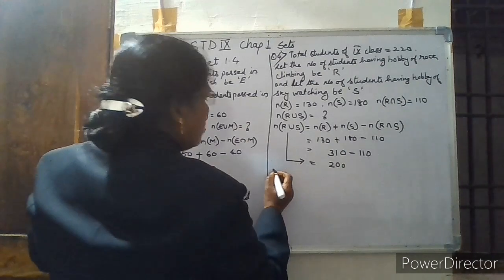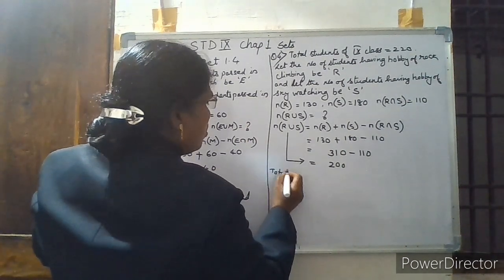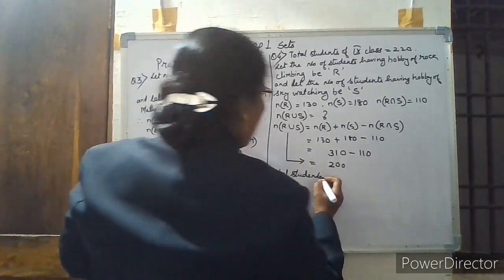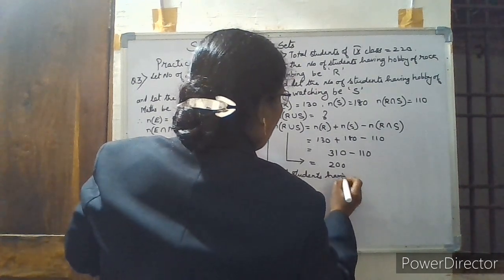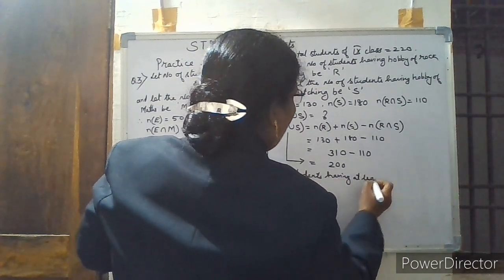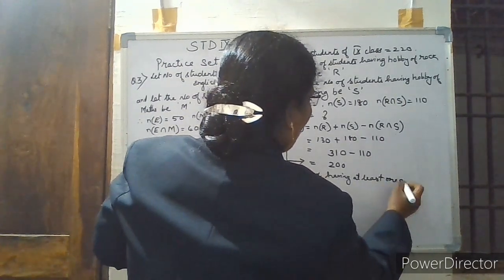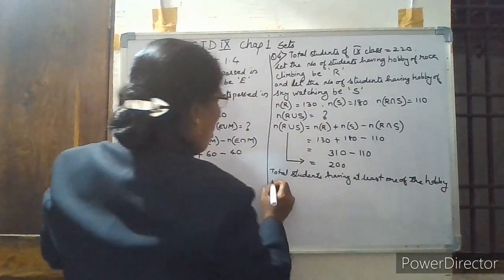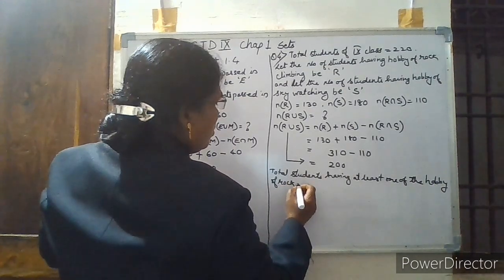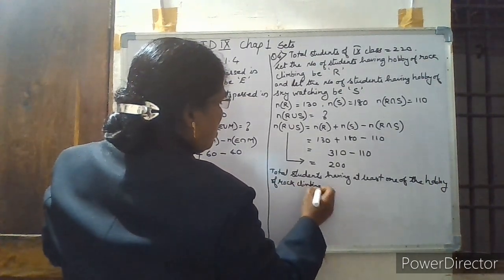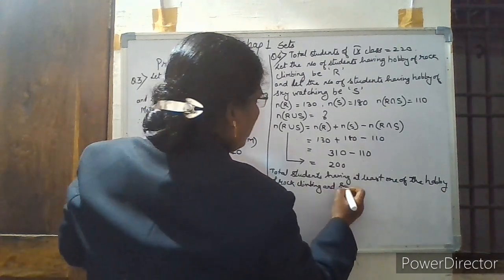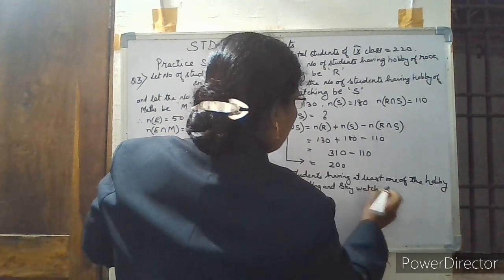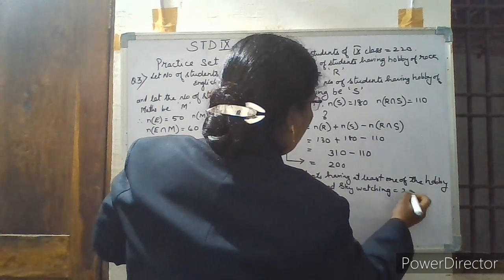So here the total students having at least one of the hobbies of rock climbing and sky watching is equal to 200.